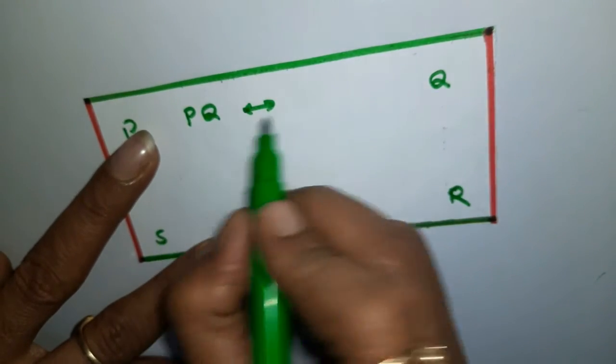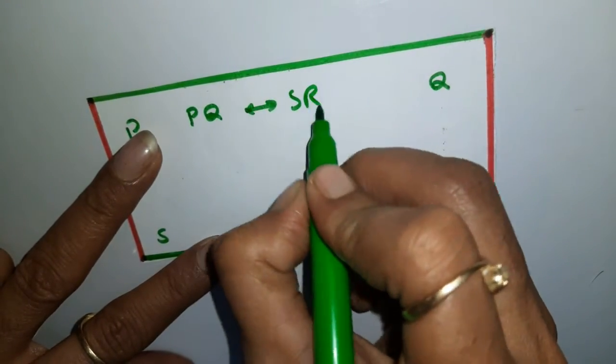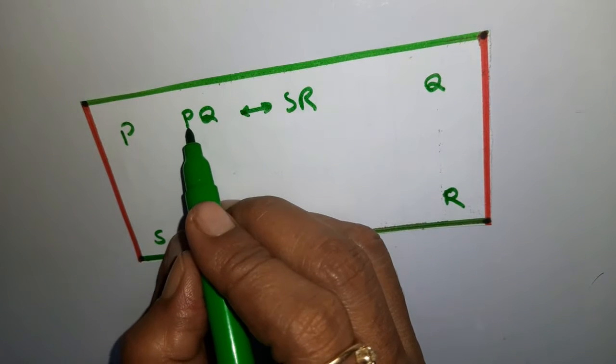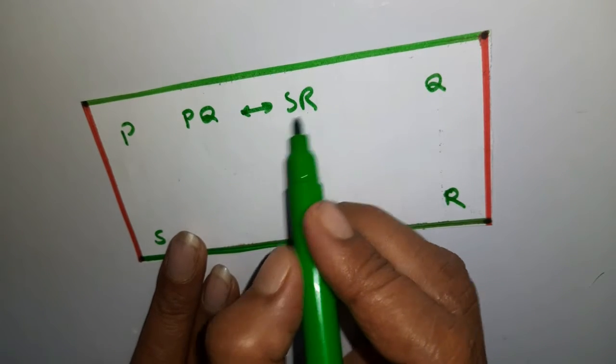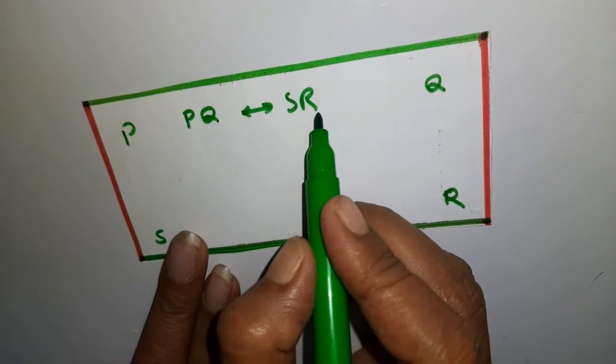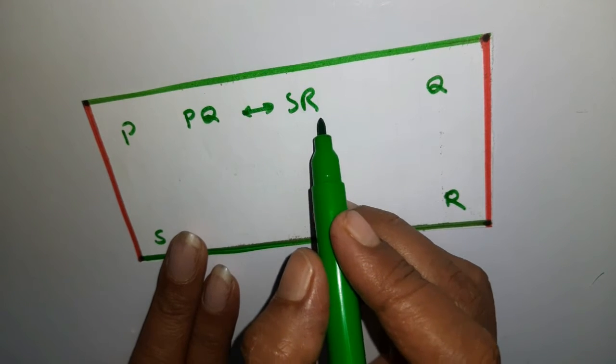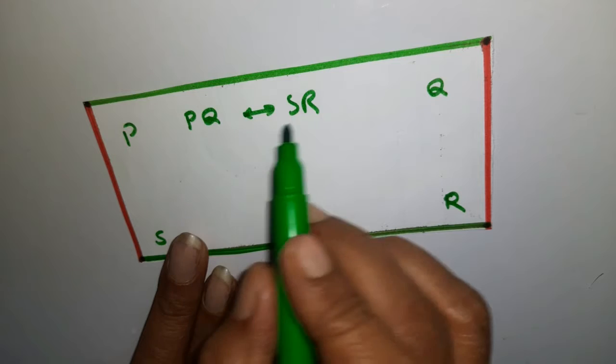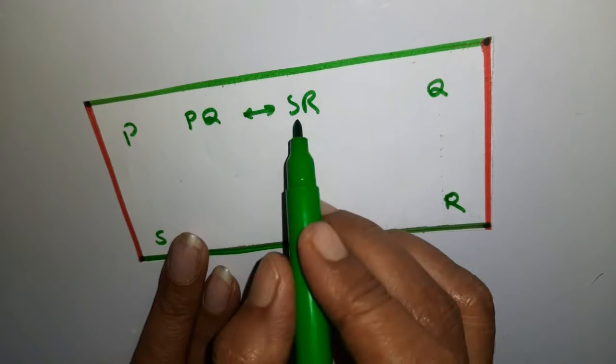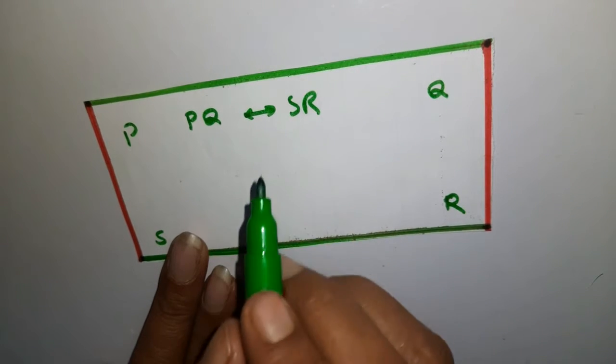You can see here this is PQ and the second side is SR. None of the points is common in them. So when you are not having any common point, we say that this pair is opposite sides.